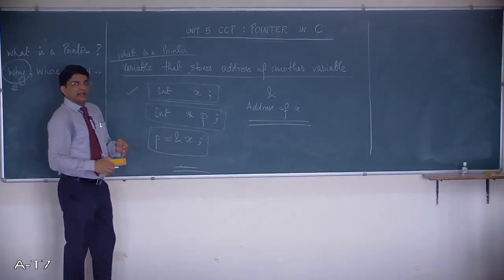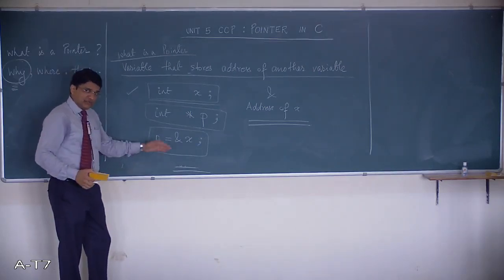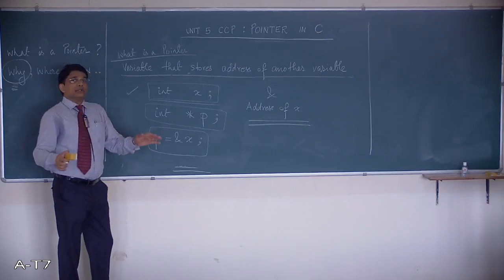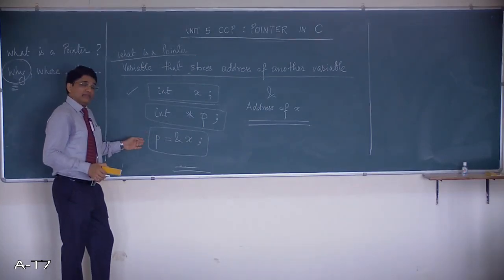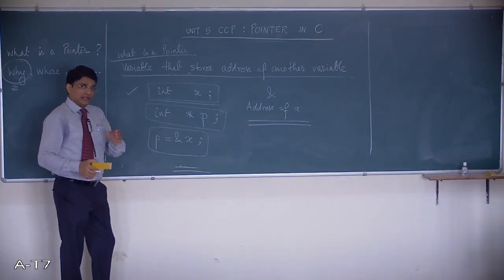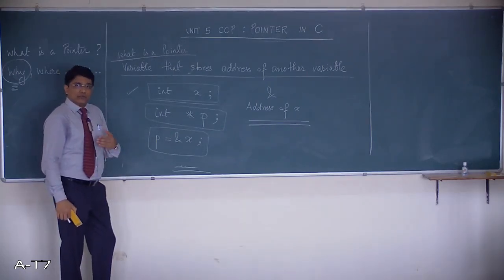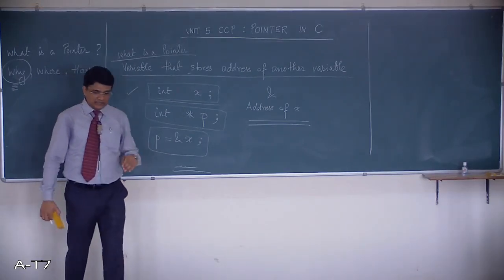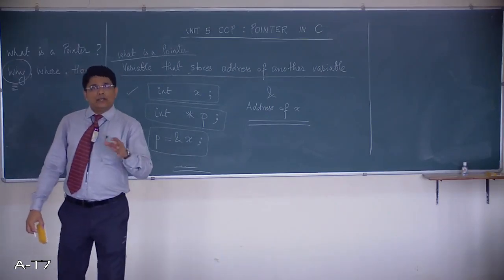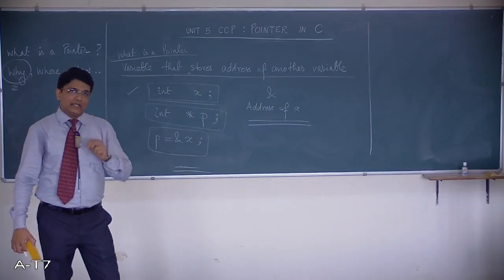And why do we do that? We do this because in our program henceforth, we are never going to use x. Whenever x is required, we are going to reference it through the pointer that has been assigned the address of x. And why should we do that? We studied initially in our examples why a pointer generally is useful in programming.